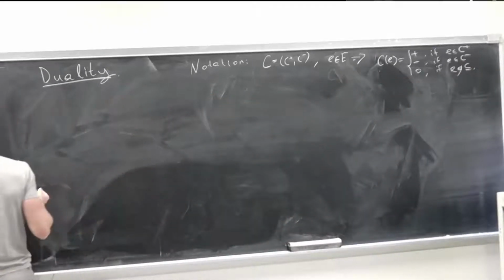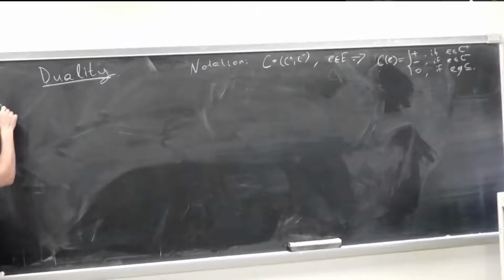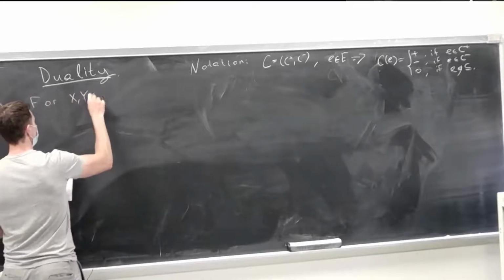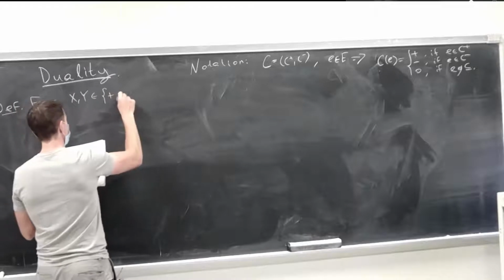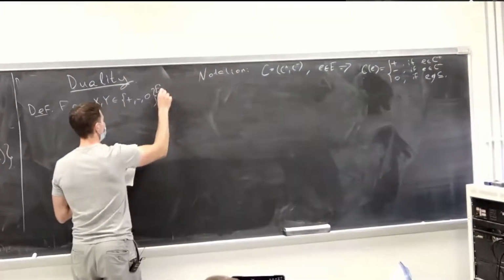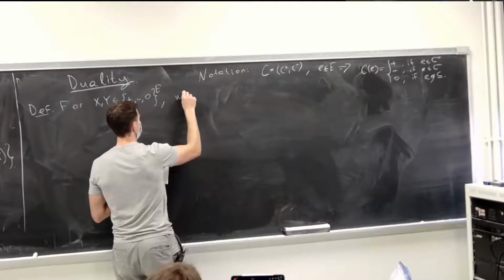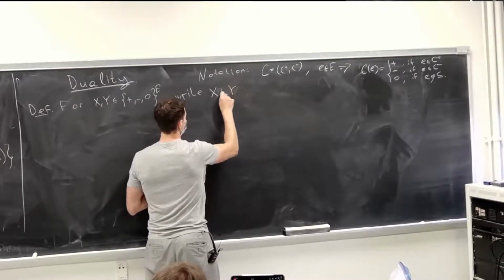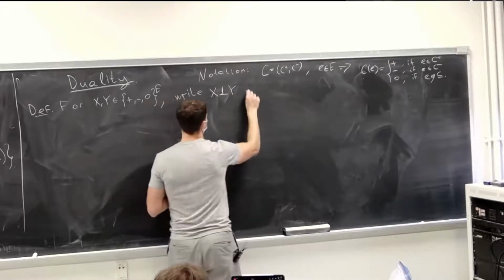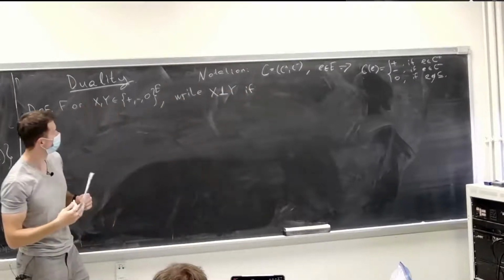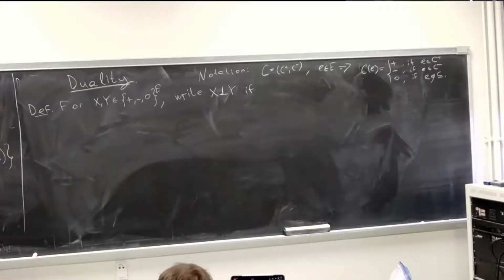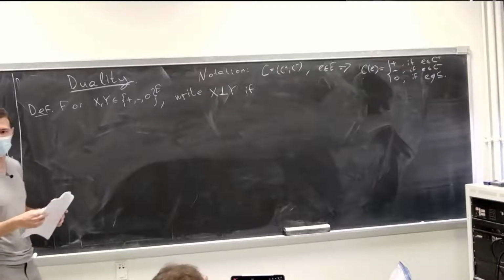And then I'm going to introduce the notion of orthogonality for sign vectors. Let's say I have two sign vectors X and Y in plus, minus, 0 to the E. I want to write X orthogonal to Y. So here I could make several definitions. Do you want to guess what the definition is going to be?